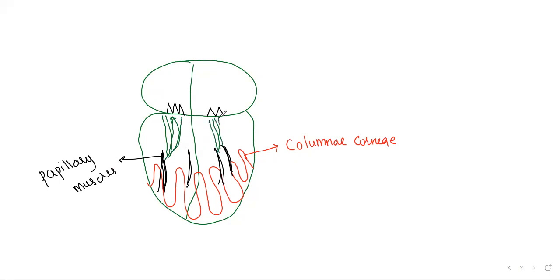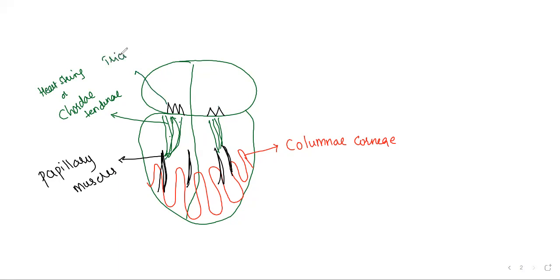This collagenous fiber bundle we call chordae tendineae. Opening and closing of the tricuspid and bicuspid valves depends upon the chordae tendineae. We also call them heart strings. Heart strings, or chordae tendineae, connect the papillary muscles to the tricuspid and bicuspid valves.